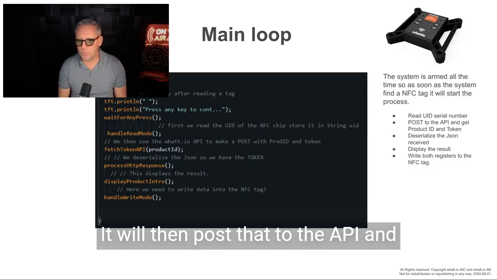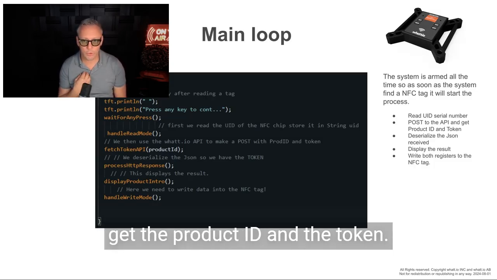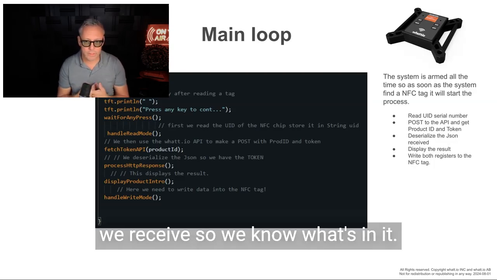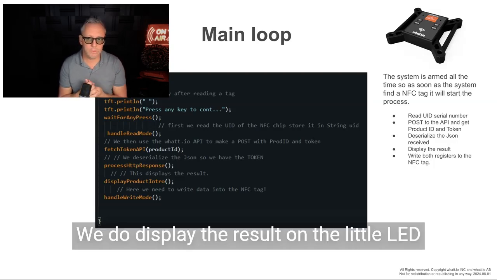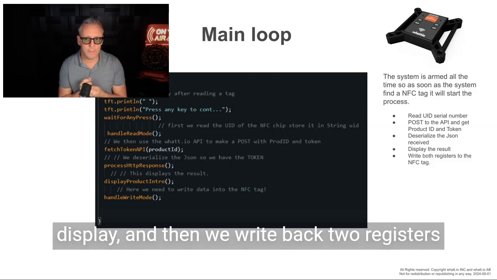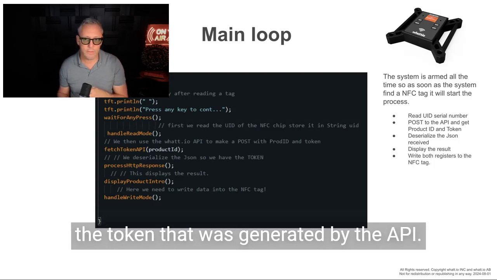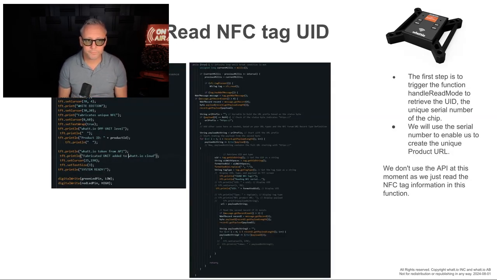It will then post that to the API and get the product ID and the token. We need to deserialize the JSON that we receive so we know what's in it. We display the result on the little LED display, and then we write back 2 registers to the NFC tag, both the unique URL and the token that was generated by the API.